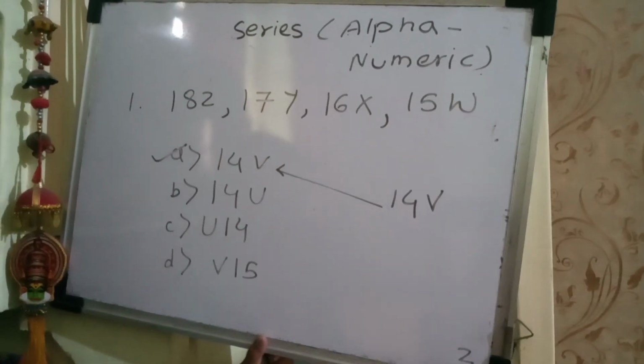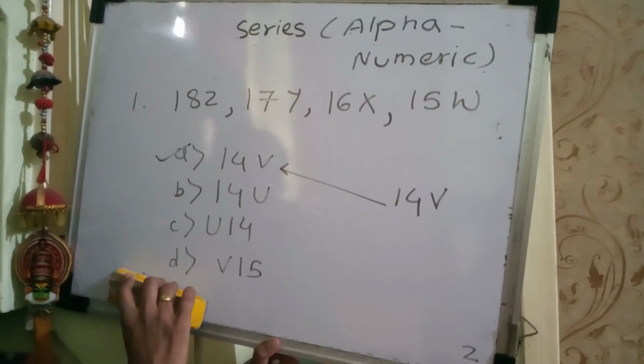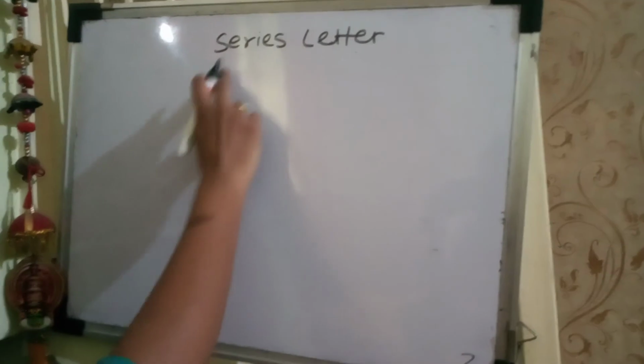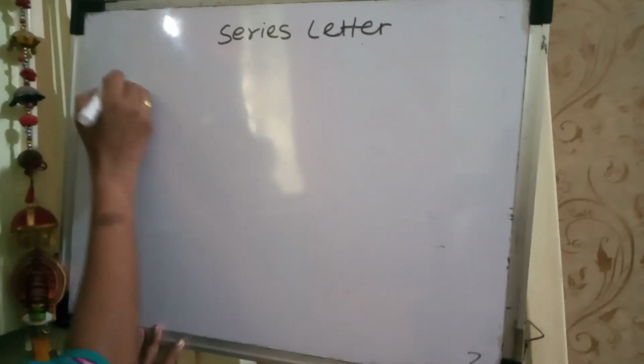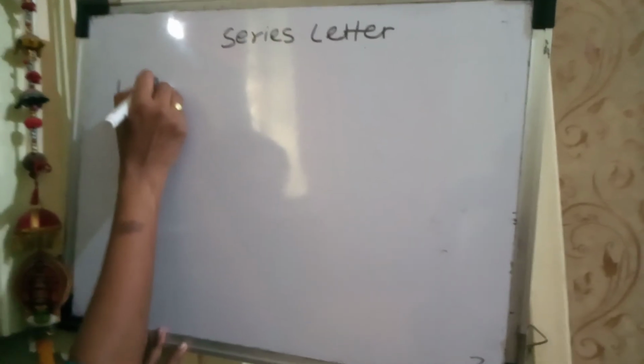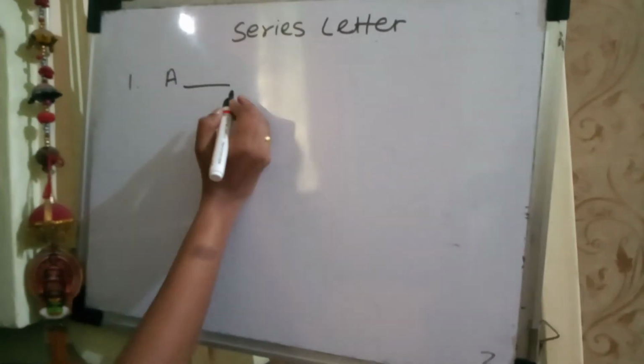Understand? Now you solve all the remaining series. Now we will see the letter series. In that, the first one we will see A, a blank space.